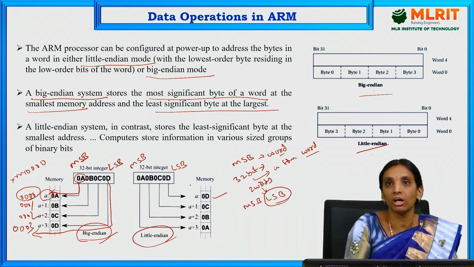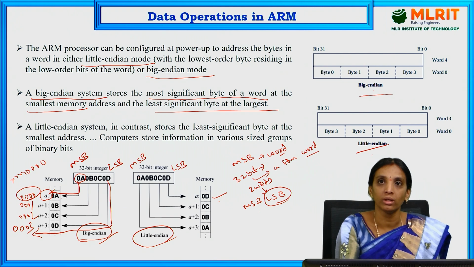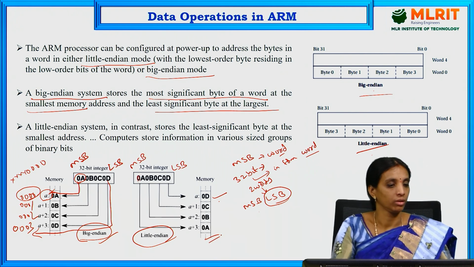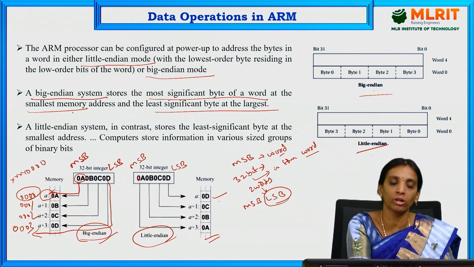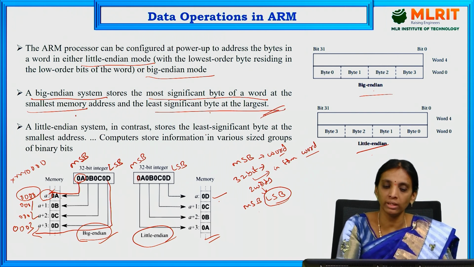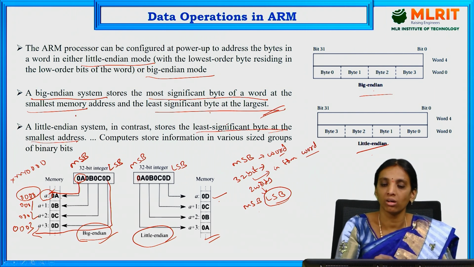So the LSB of the word is stored in the lowest memory location and the MSB of the word is stored in the highest memory location. So the big endian system stores the MSB of a word at the smallest memory address and the LSB of a word at the largest memory location. In the little endian system, it stores the LSB at the smallest address and the MSB at the largest address.